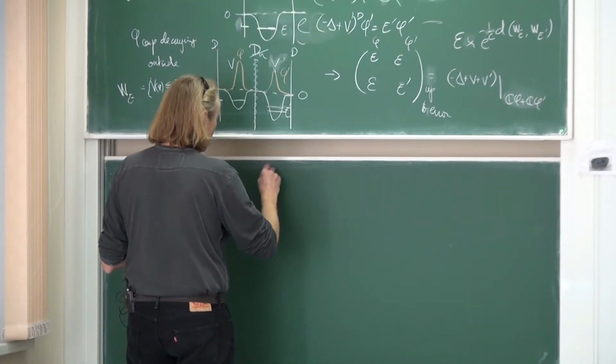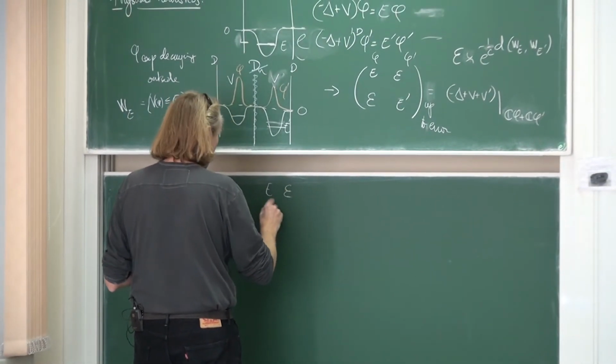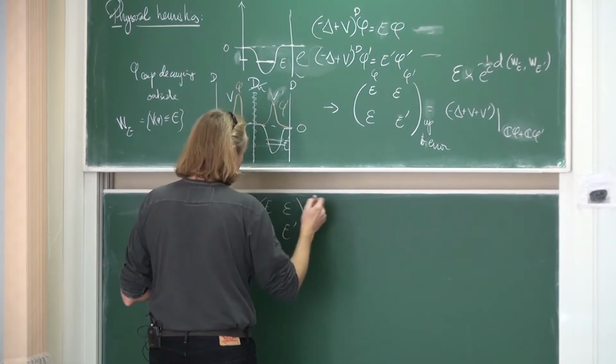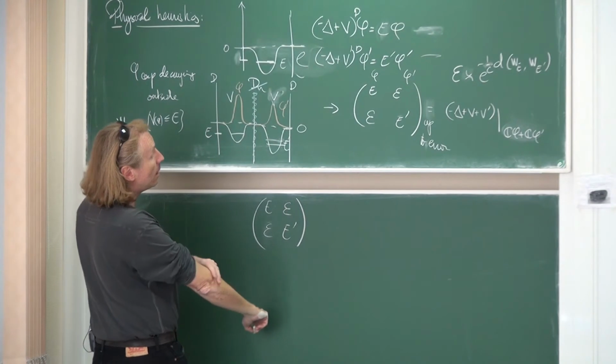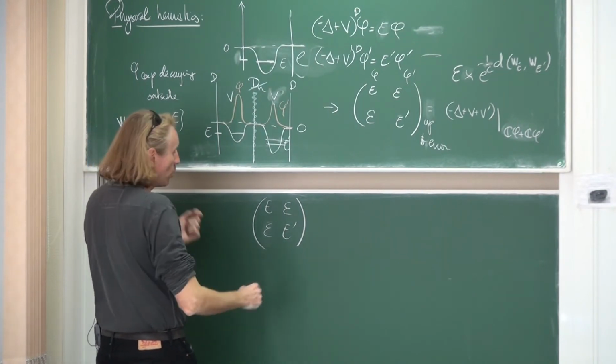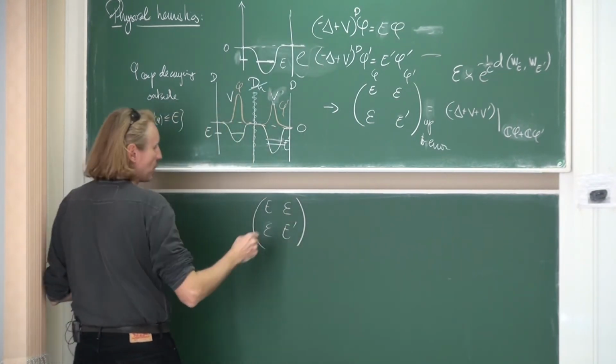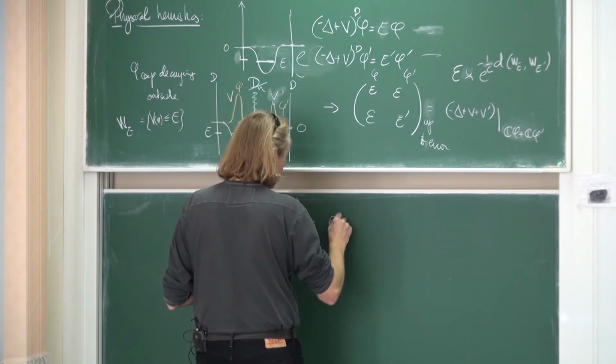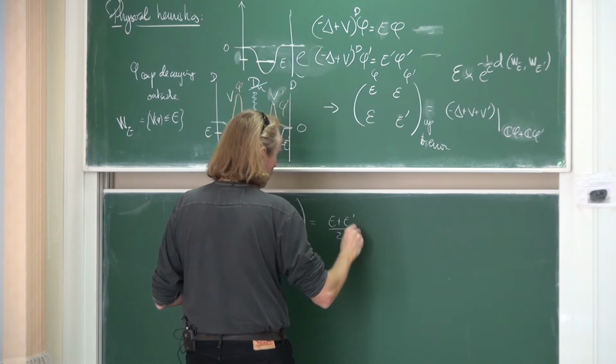It is well known that the spectrum of a 2 by 2 matrix... we can write this as E plus E prime over 2.